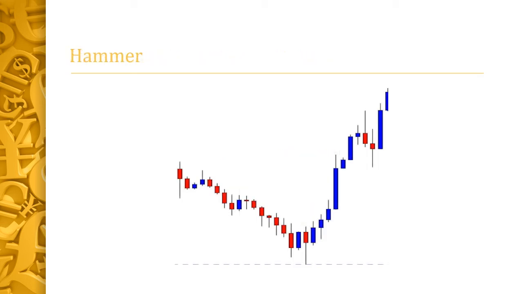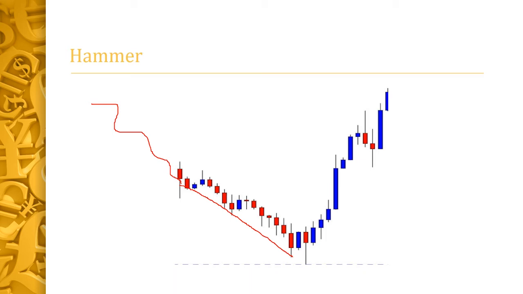So how to use a hammer in the charts? As you see, guys, we have this chart here. This is of course not the whole chart, but you can think that we have this downtrend, and as we said about the hammer before, it doesn't need a very sharp trend, but a downtrend is needed for you to use the hammer.